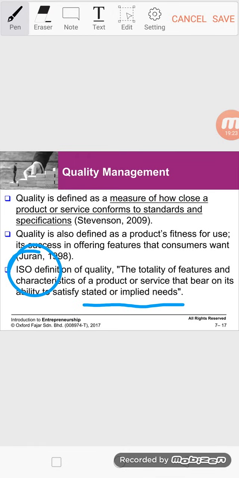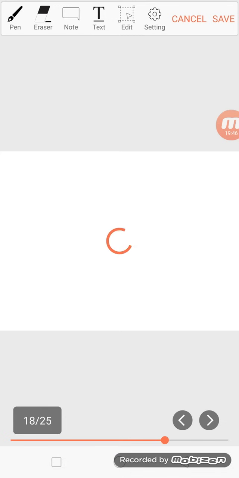Kan? Lepas tu dia try. Nak potong apple pun tak boleh, nak potong ayam pun tak boleh, potong daging pun tak boleh. Okay? Jadi itu bermaksudnya our product does not meet whatever criteria that we advertise during sale. Itulah. So maksudnya itu produk kita tak ada quality.